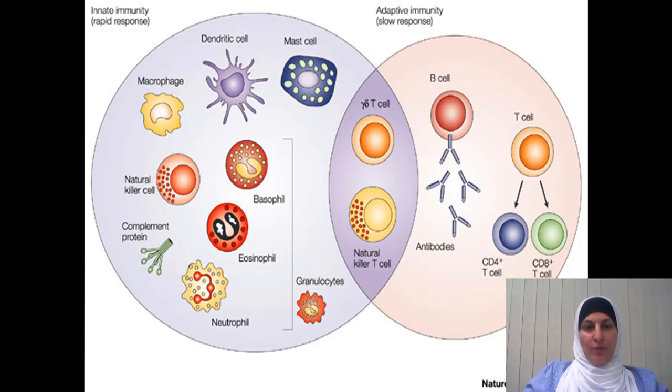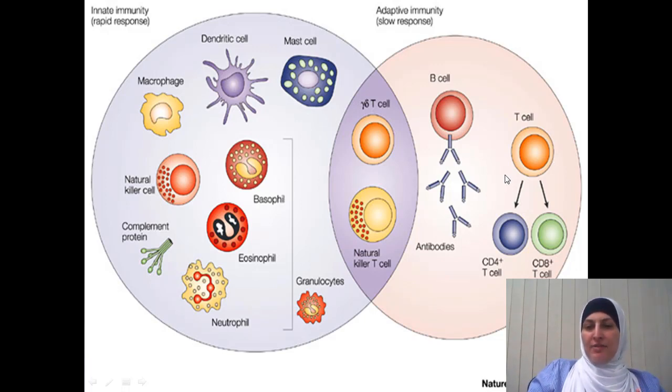Okay, so far we've been talking about these cells, mast cells. We talked earlier about dendritic cells, macrophages, natural killer cells, humoral response. We talked about the complement proteins, and we talked also about the neutrophils and other granulocytes. These are part of the innate immunity.